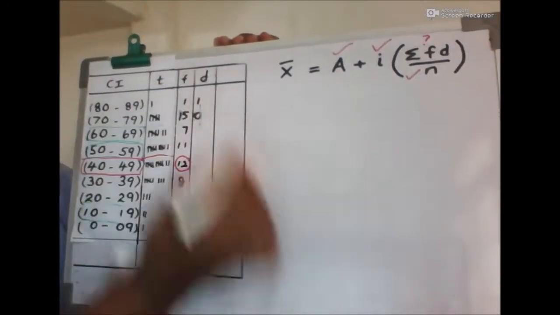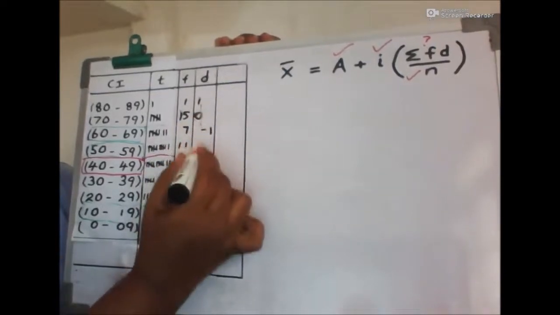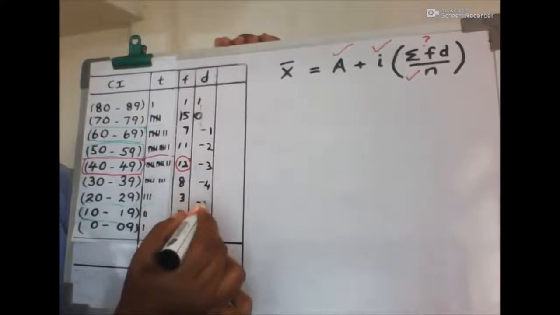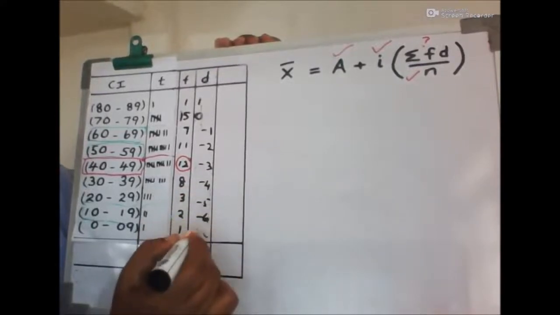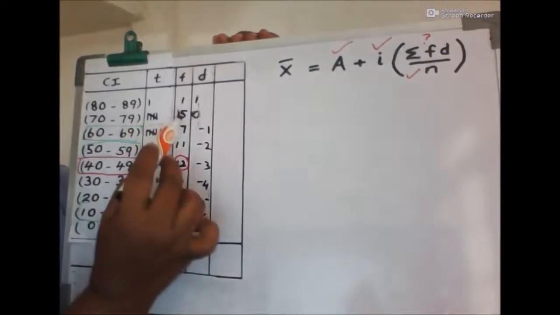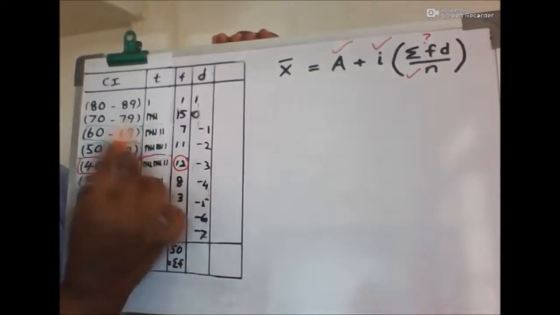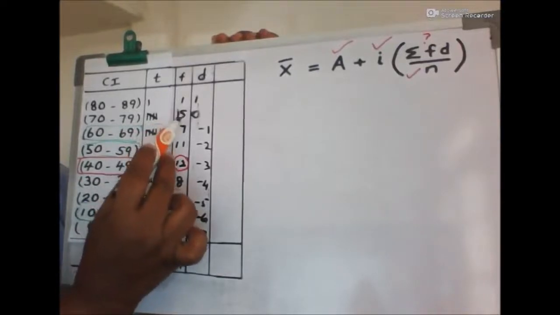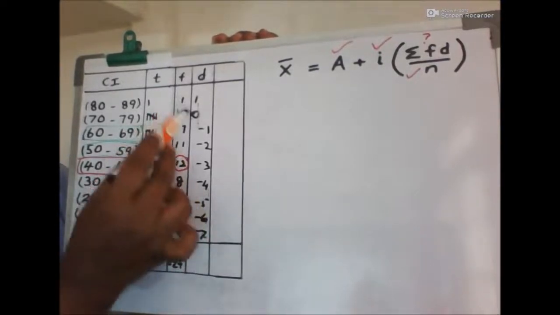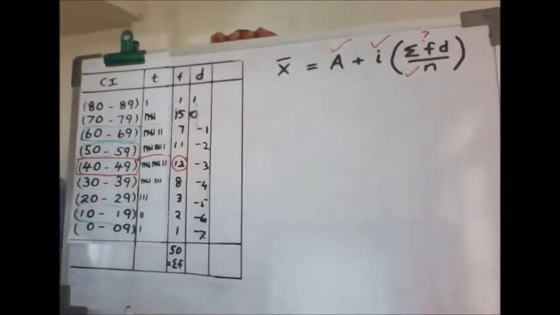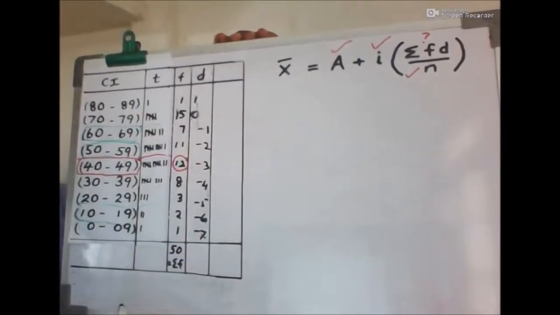Then put minus 1, minus 2, minus 3, minus 4, minus 5, minus 6, minus 7. In front of the relevant class, you circle the frequency, and in front of that, put 0, and above 0, all plus marks, and below 0, 1, 2, 3, minus.